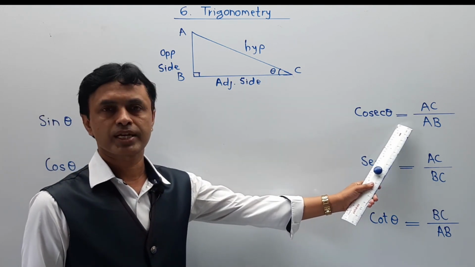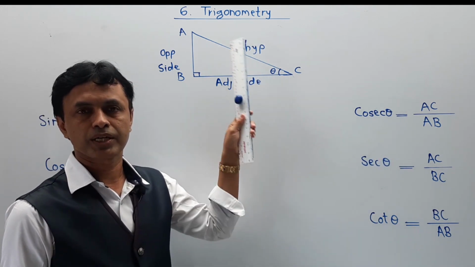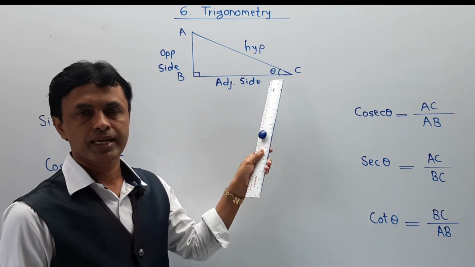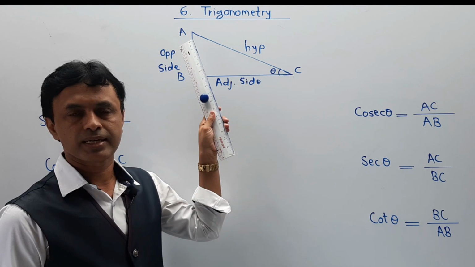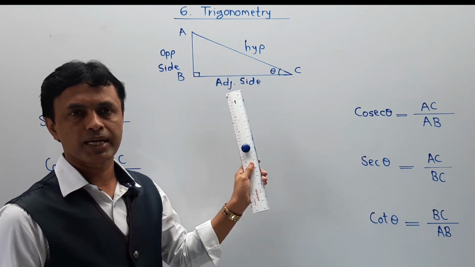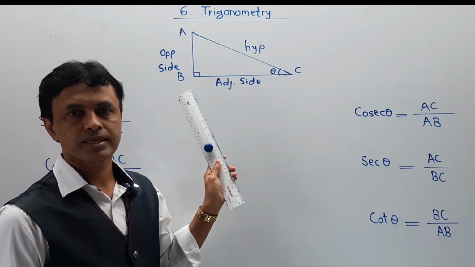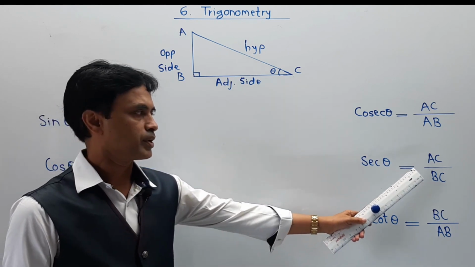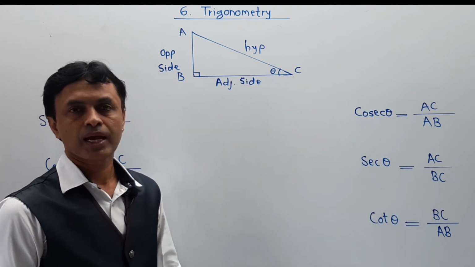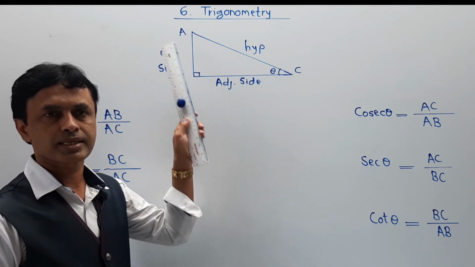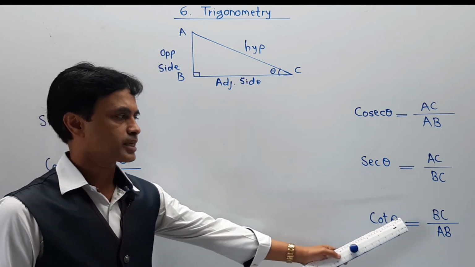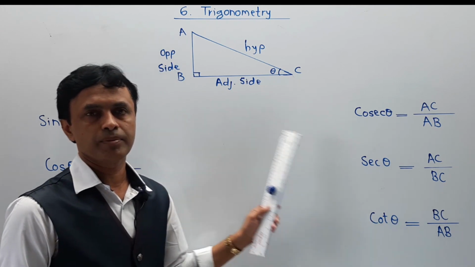Next, cosec theta is nothing but hypotenuse upon opposite side, AC upon AB. Next, sec theta is nothing but hypotenuse upon adjacent side, that is AC upon BC. And last part, that is cot theta. Cot theta is nothing but adjacent side upon opposite side. Naturally, it becomes BC upon AB.